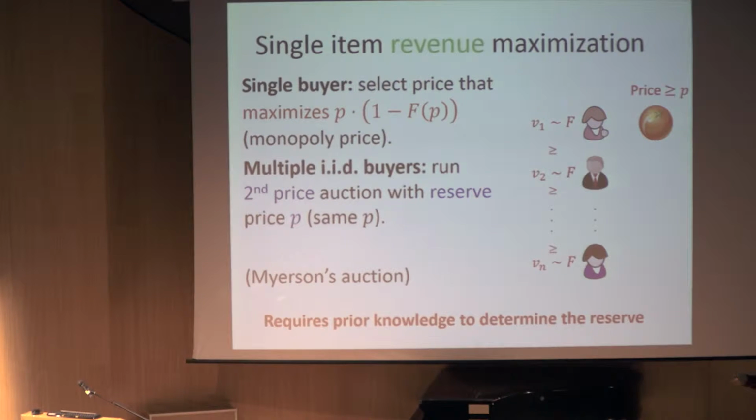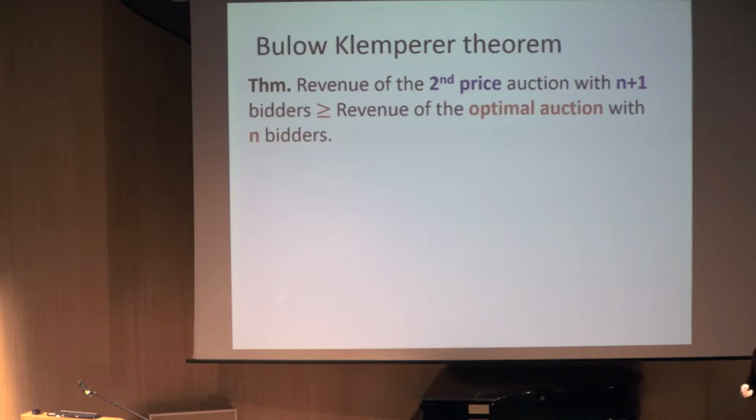And the interesting thing about it is that we require the prior knowledge in order to get something that's optimal. We cannot optimize without the prior knowledge. And a really elegant result of Bulow-Klemperer says that instead of running the optimal mechanism, if we have some population, we can just recruit another bidder from the same distribution and run the second price auction, which is prior independent, which means it doesn't depend on the details of the distribution.